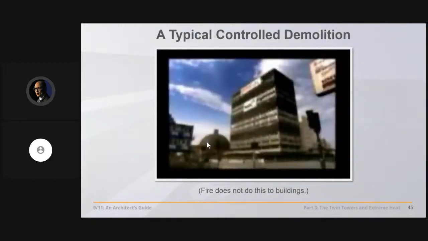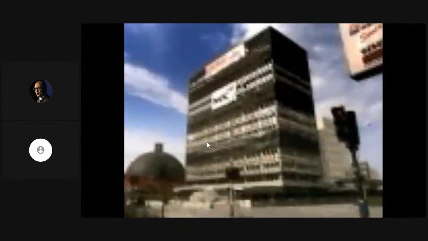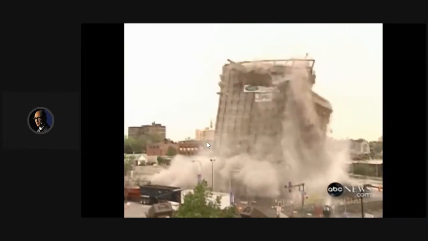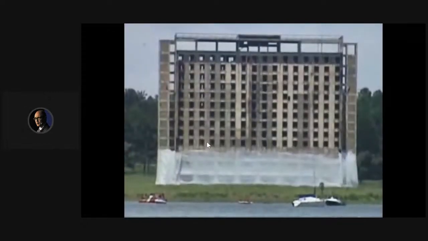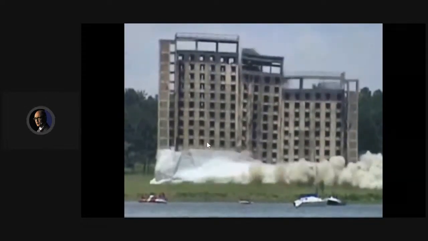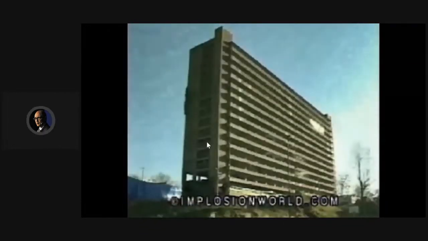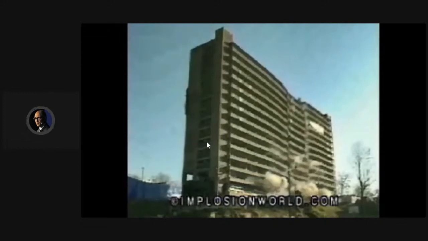So let's see how explosions can be harnessed quite effectively to bring down very tall buildings like this one and these. We have explosives loaders that place shaped cutter charges throughout the columns and beams in the building after having been very carefully engineered by structural engineers to facilitate the destruction piece by piece in these buildings.